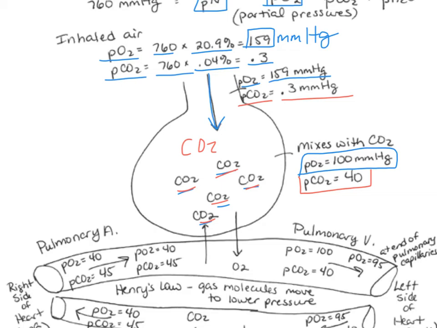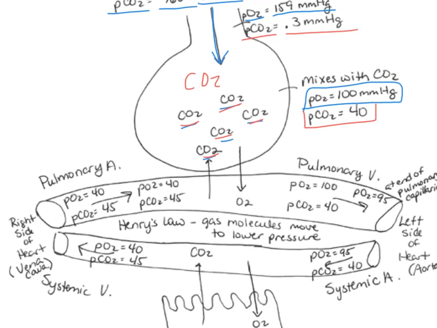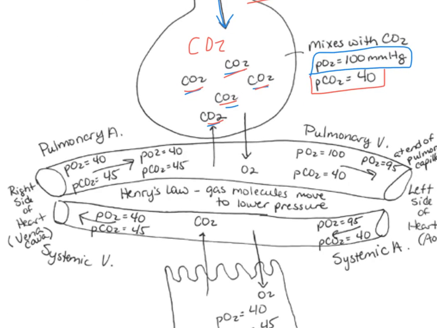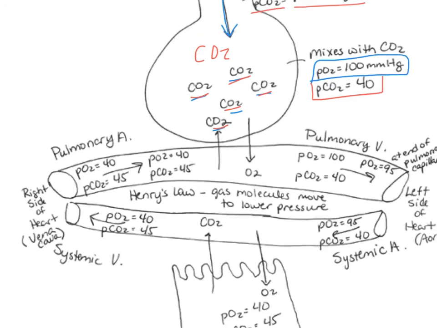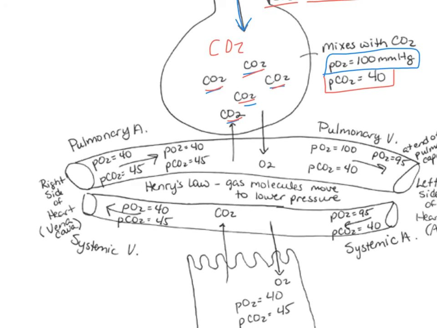Now, in external respiration then, the alveolus is going to exchange gases with the capillaries, with the alveolar capillaries, right? So when we look at the alveolar capillaries, we have blood coming from the right side of the heart, and that blood is going to be deoxygenated.